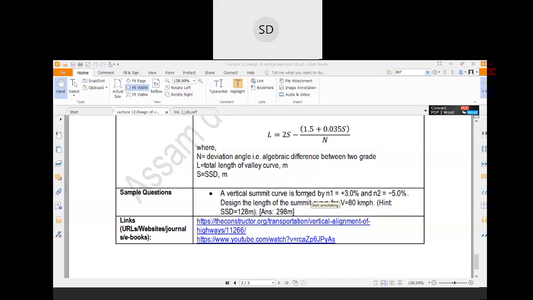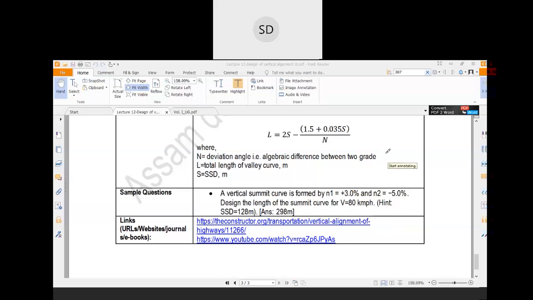A vertical summit curve is formed by n1 equal to 3% and n2 equal to minus 5%. Design the length of the summit curve for V equal to 80 kilometer per hour. So let's do the numerical.